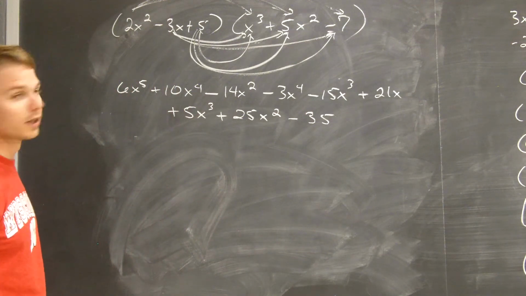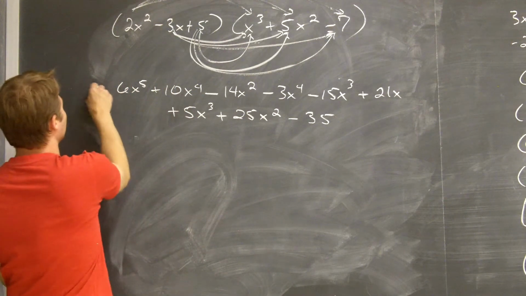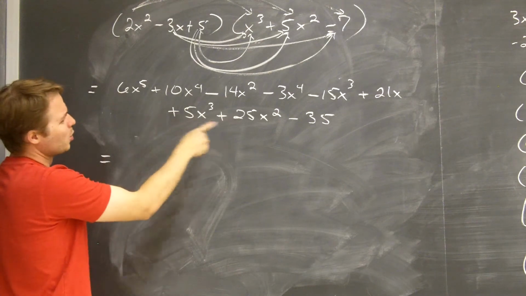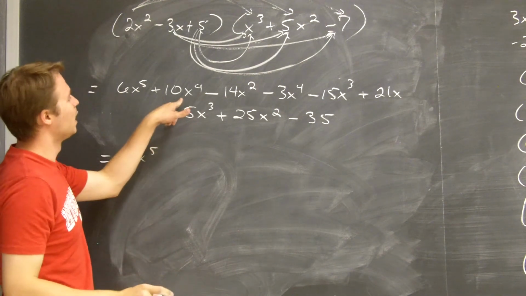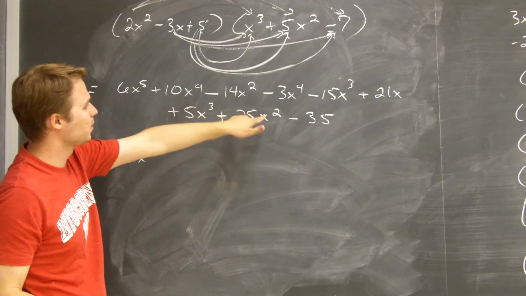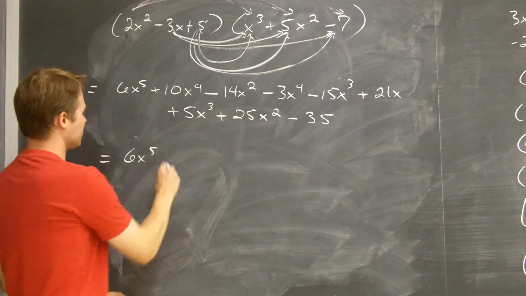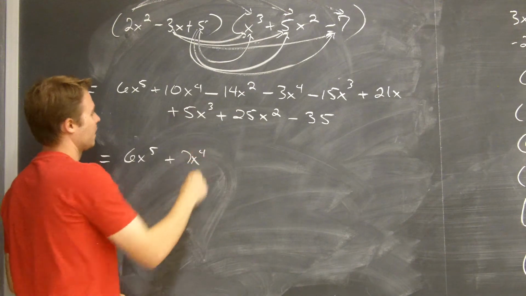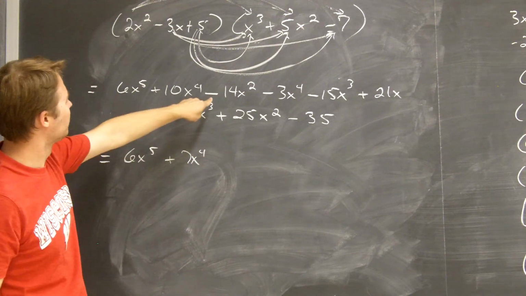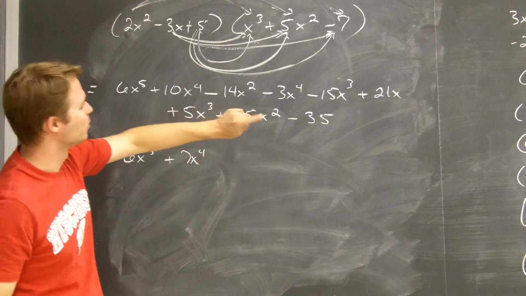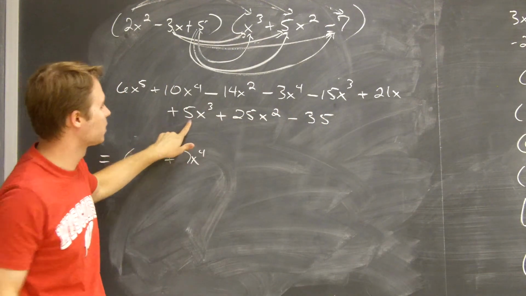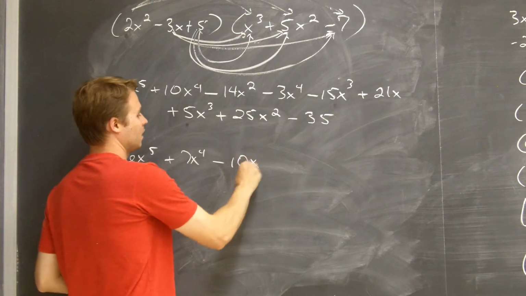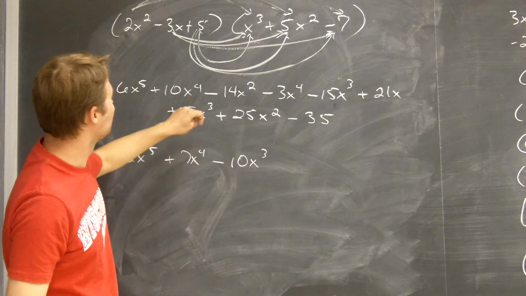So again, I just want to go through and combine any like terms now. So there's no other x to the 5th term, so the 6x to the 5th will stay. 10x to the 4th minus 3x to the 4th, that will be 7x to the 4th. Let's see, I have some with cubed. Negative 15x cubed plus 5x cubed will be negative 10x cubed.